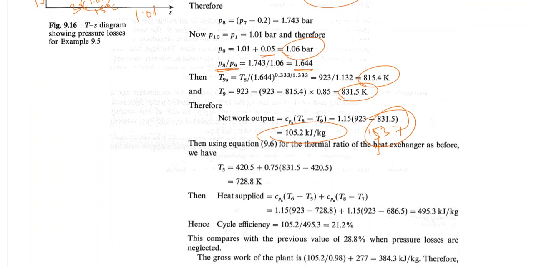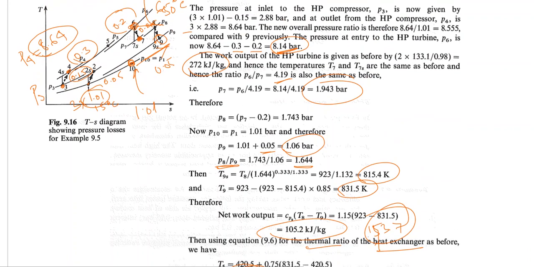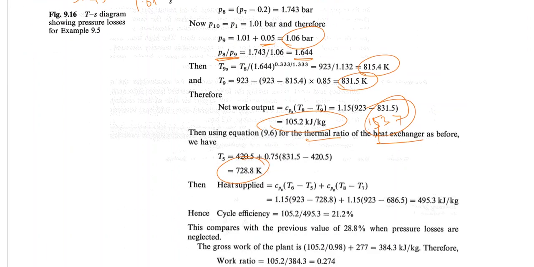Then, using the usual equation 9.6 for the thermal ratio, the effectiveness of the heat exchanger, we can find the temperature at T5. The heat supplied would be from 5 to 6 and also from 7 to 8, in the combustion chamber and reheater, and that is 495.3.